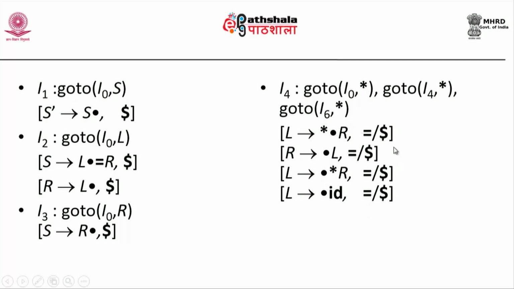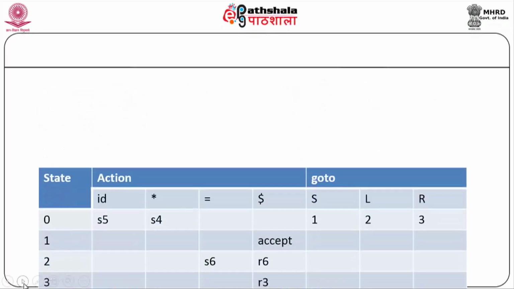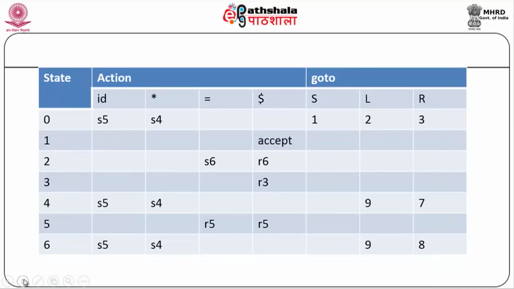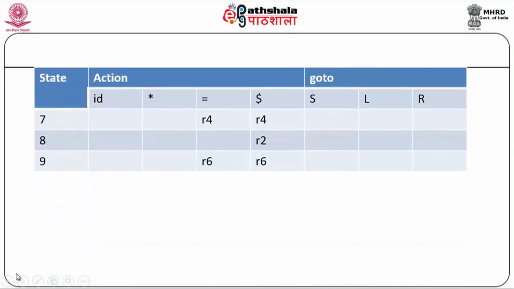Where the prefix, that is the set of items, is the same, and the only difference is on the look ahead symbol, I can merge them together into a single entity. That is what we have basically shown here. So this is what has happened here. This is the canonical LR parsing table which has been merged into what is called a look ahead LR parsing table, where it has got only some 9 states.